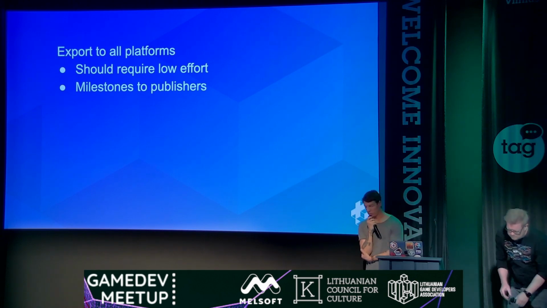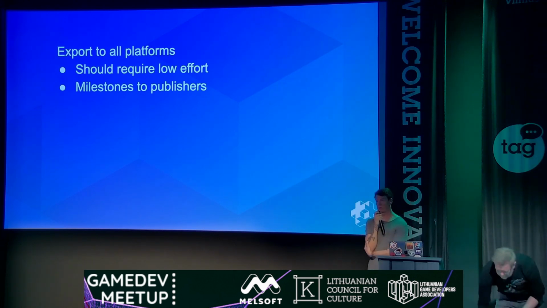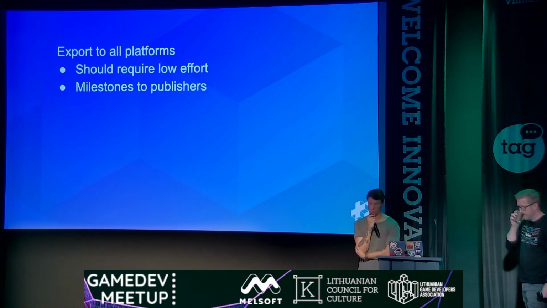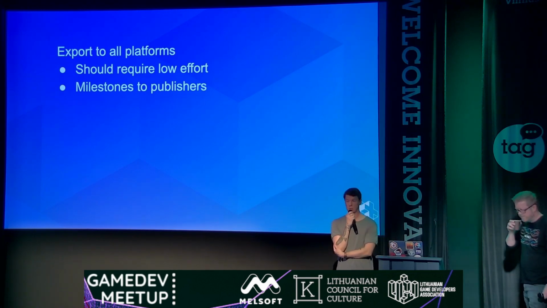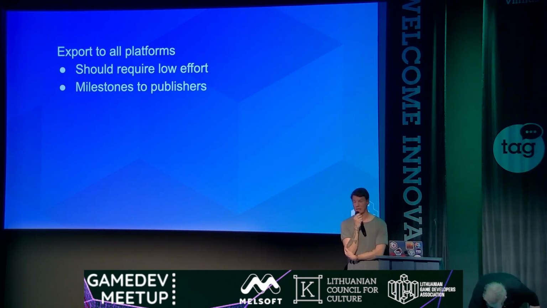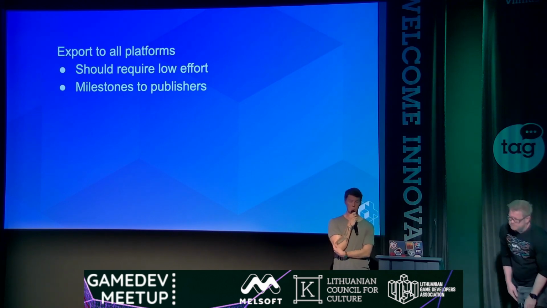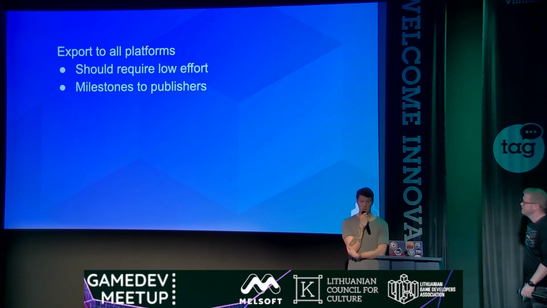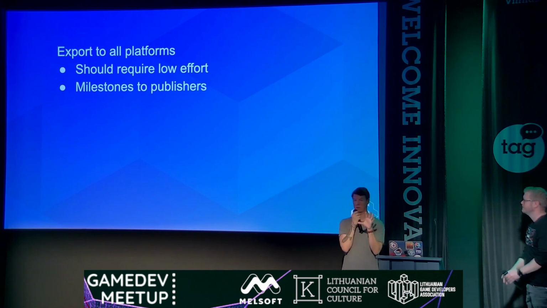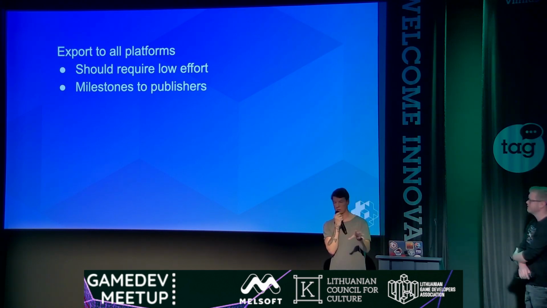Yeah, so like we said before, we have a really fast process to export everything, and the way it's set up is that you don't have to install any SDKs, you don't have to configure any third-party stuff. We make everything available within the ecosystem of the editor.